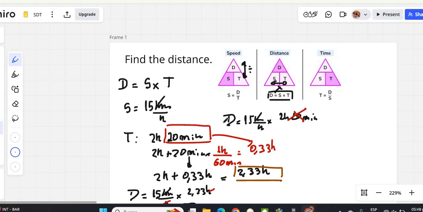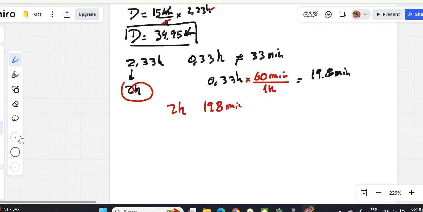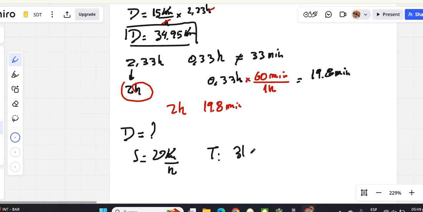And basically this is it. If you want, as homework, find the distance given the speed of 20 kilometers per hour and the time, let's say, 3 hours, 45 minutes.